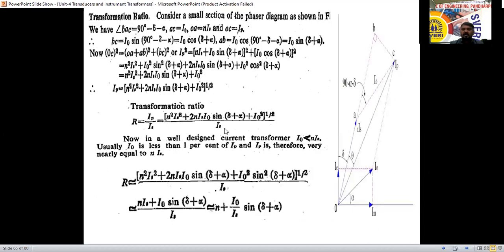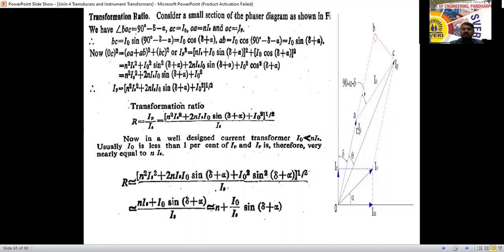Now, in a well-designed current transformer, I0 is less than NIS. Usually I0 is less than 1% of IP. So IP is therefore very nearly equal to NIS. This primary current IP is very nearly equal to NIS.